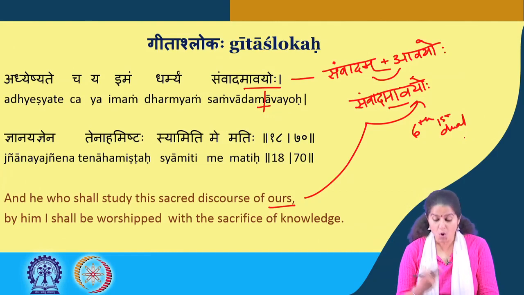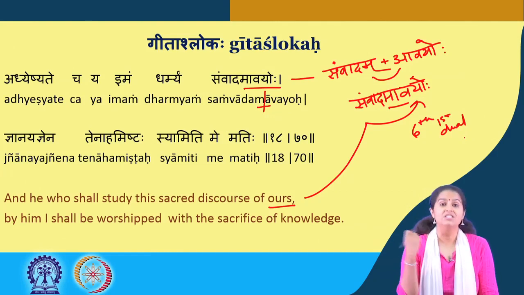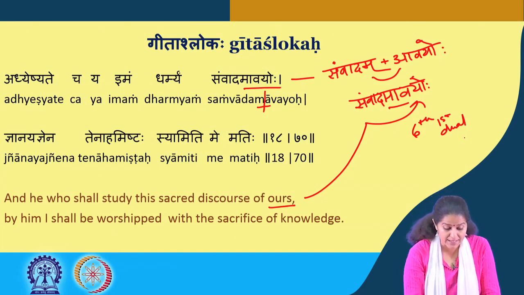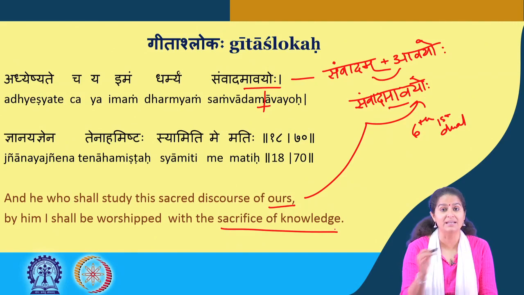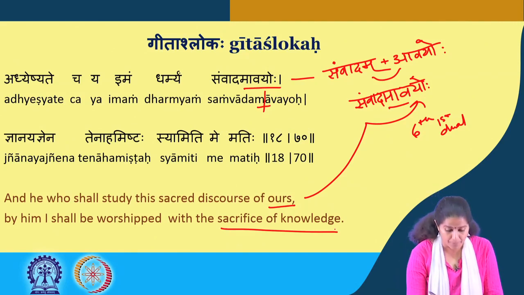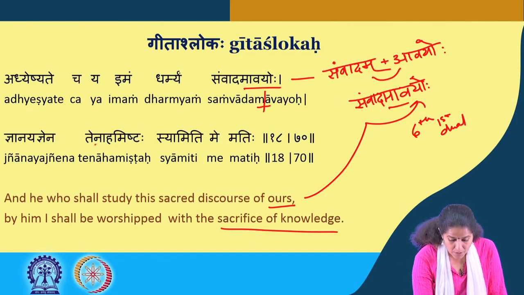Samvadam avayoho. What happens to such a person? Jnana yajnena te naham. So, jnana yajna is the sacrifice of knowledge. Jnana yajnena. Tena jnana yajnena aham. So, te naham, you break it up into tena plus aham.